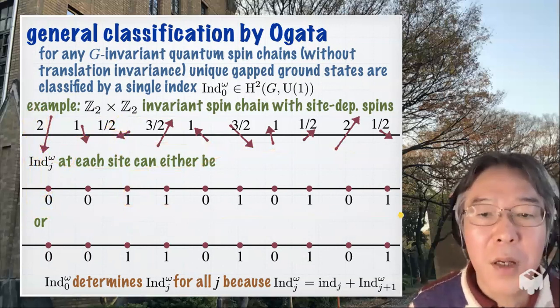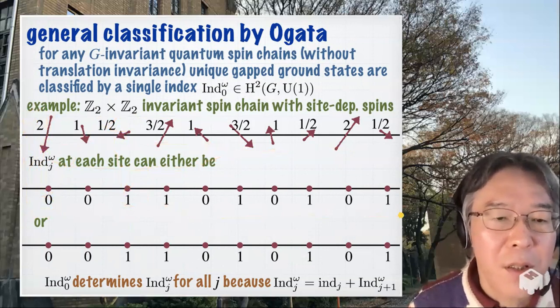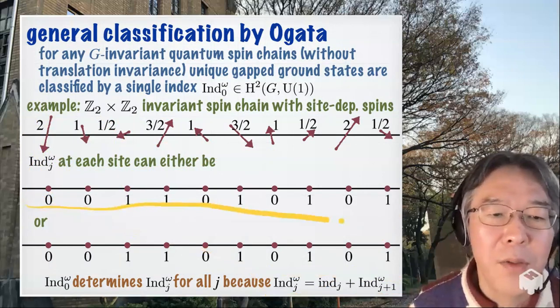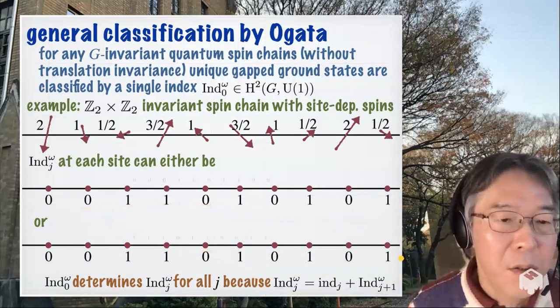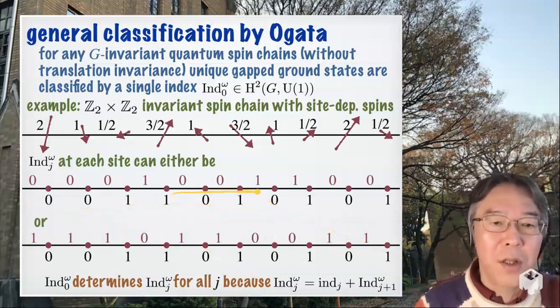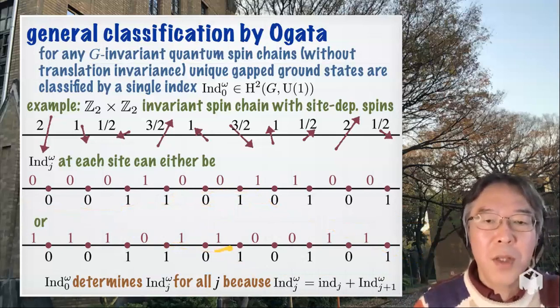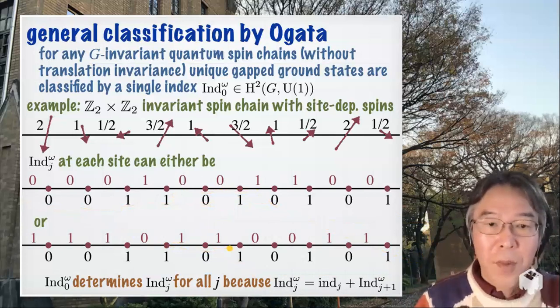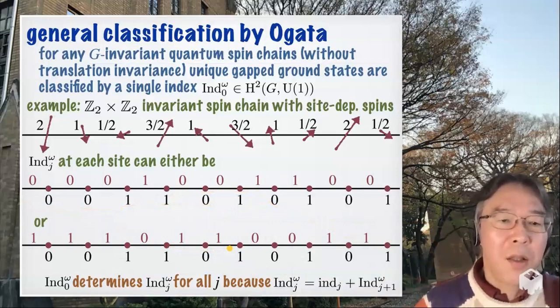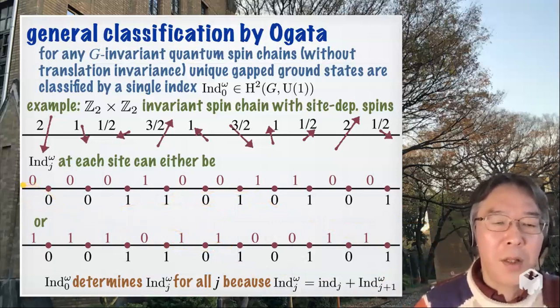And now we look at the Ogata index. Since the Ogata index must satisfy this additivity, and since we have these spin indices here, the only possible configurations of Ogata indices are like this or this. So this means that there are at least two distinct phases in this spin chain, and they are characterized by these configurations of Ogata indices.